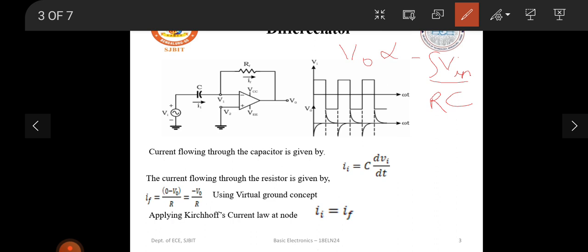So let us first find the output voltage for the differentiator.